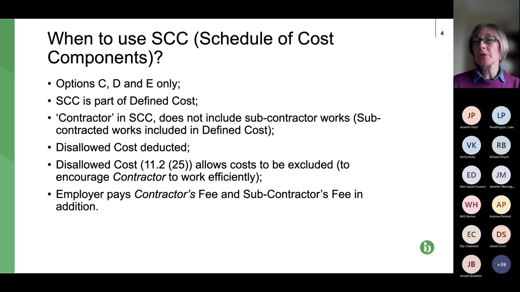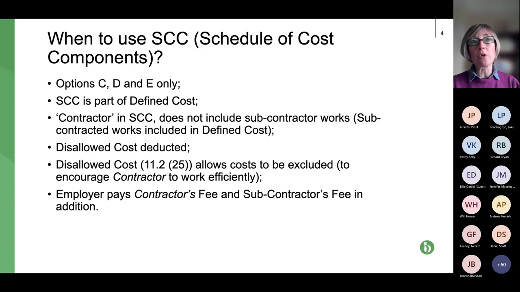How does it fit in? The schedule of cost components is part of the defined cost. Defined cost, capital D and C, because it's a defined term in the contract. Effectively, defined cost includes items in the schedule of cost components and subcontractor costs. Under NEC 3, subcontractor cost is dealt with within defined cost.